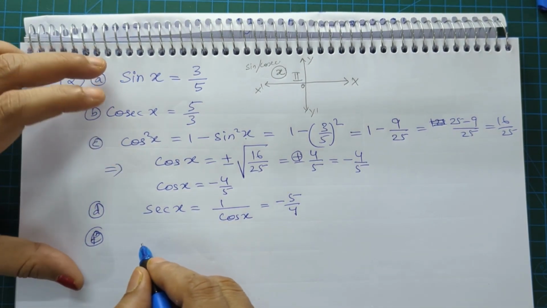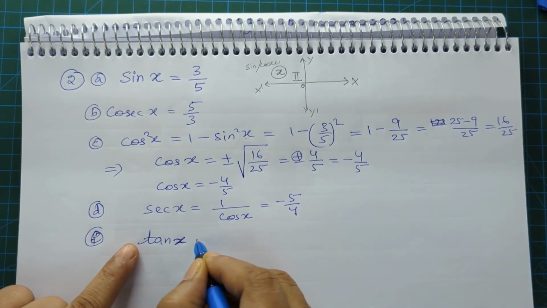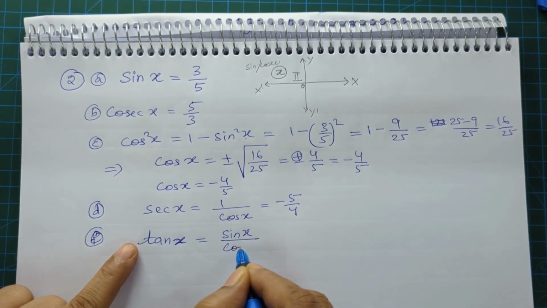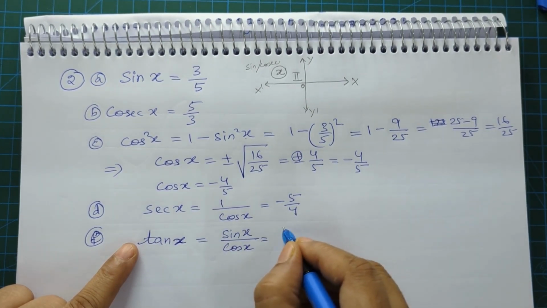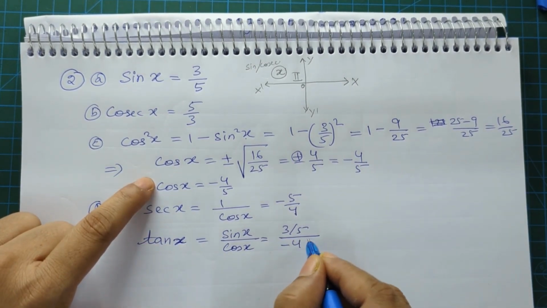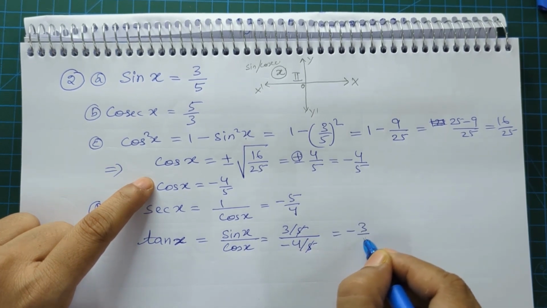That's perfectly our choice. So this time I am finding tan x using sine x by cos x. Sine of the angle is 3 by 5. Cos of the angle is negative 4 upon 5. We can cancel this, and we get negative 3 by 4.